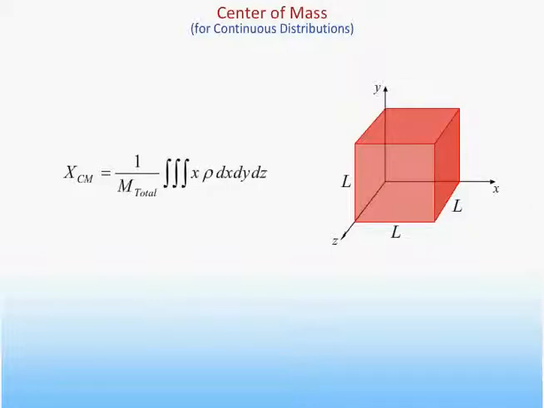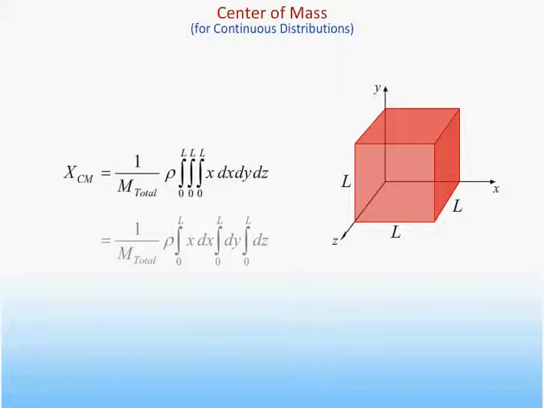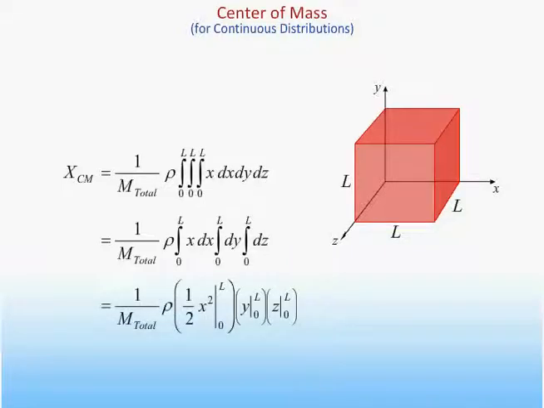In each direction, the cube is located between the origin and a distance L from the origin. If we assume the mass density rho is a constant, then it can be taken outside of the integral. The resulting three-dimensional integral factors into the product of 3 separate integrals, one for each direction. Evaluating the y and z integrals, we find that they are each just equal to L. Evaluating the x integral, we find it is equal to 1/2 L squared.